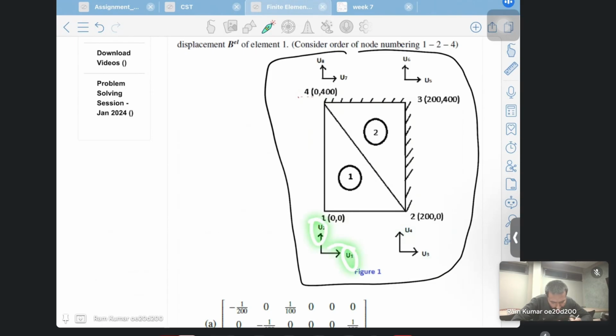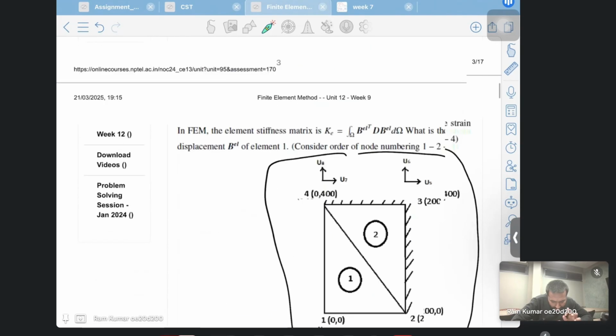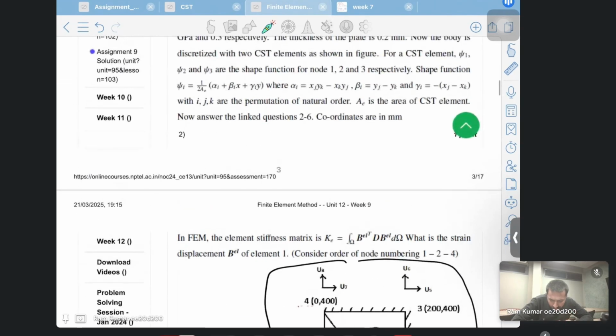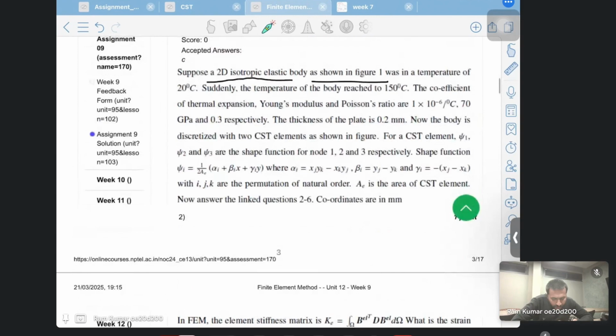These are displacements in x and y. Some information is given, but now we know that we have two triangular elements. Fine. Okay, suddenly the temperature of the body reaches 150 degrees Celsius.